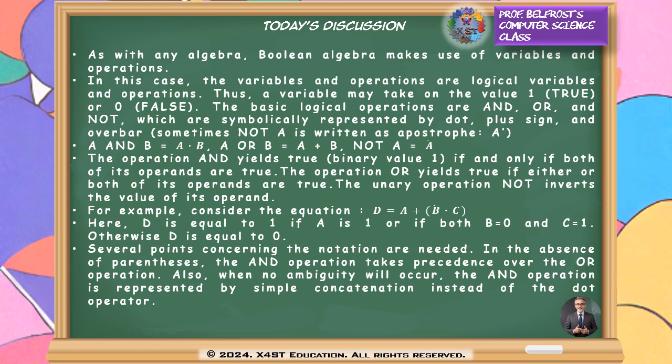Consider the equation D equals A plus B dot C. If we expect D equals 1, then we need to have both or at least one of these terms to be 1. So we may have A 1 and BC 0, A 0 and BC 1, or both A and BC 1.